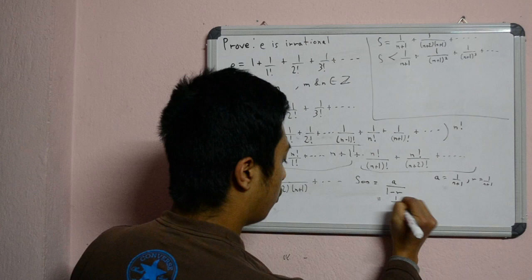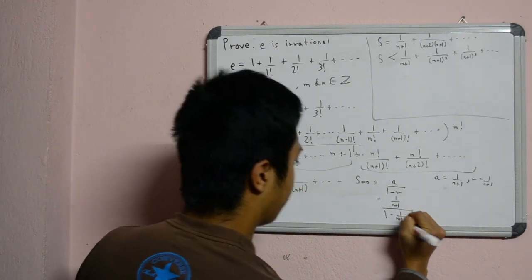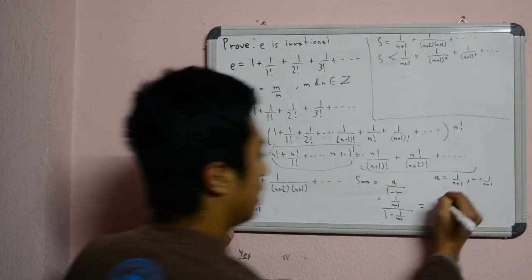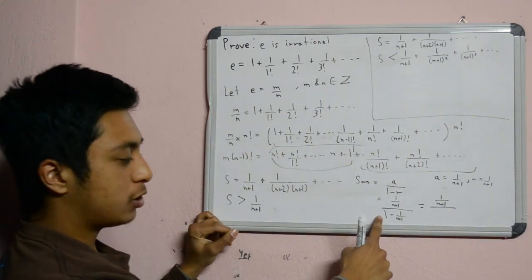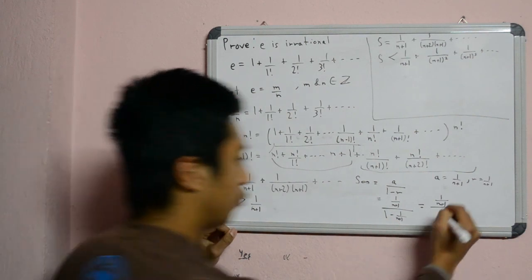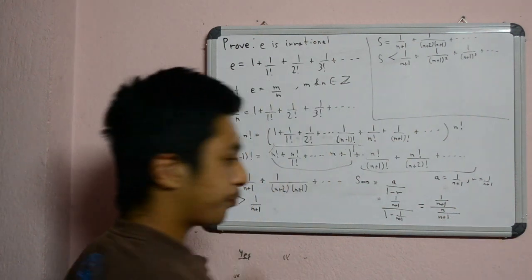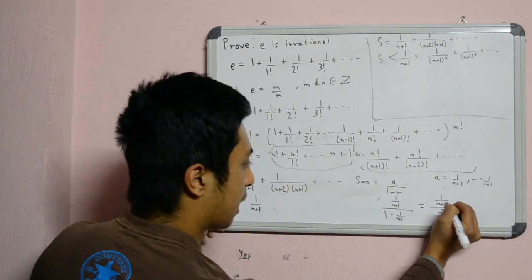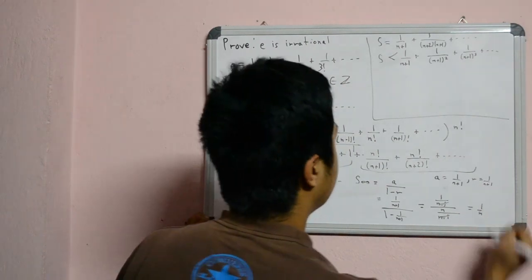You'll have 1 by n plus 1 by 1 minus 1 by n plus 1. So on the bottom you'll have n plus 1 minus 1 by n plus 1, which is just n divided by n plus 1, and right here we can cancel n plus 1 and n plus 1, and this will be equal to 1 by n.